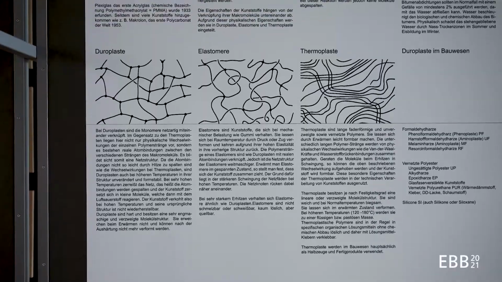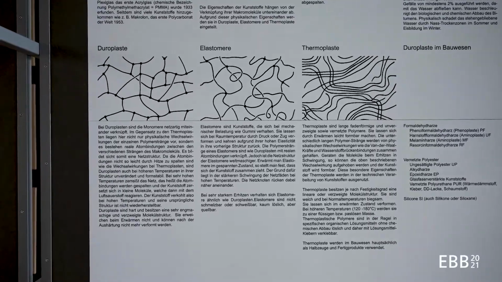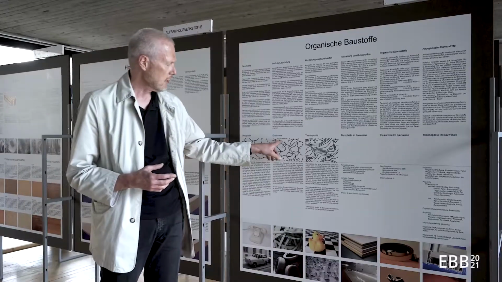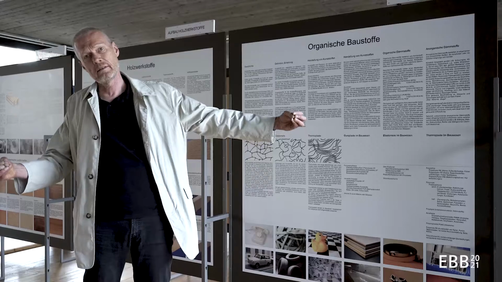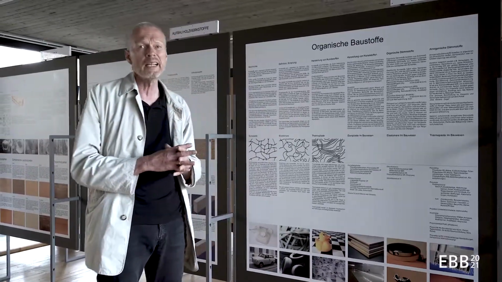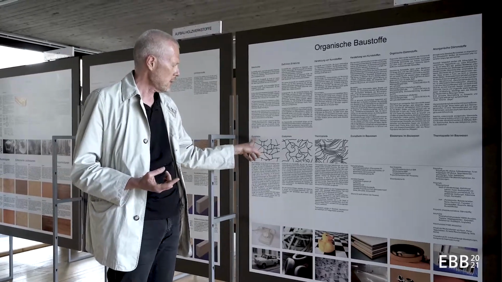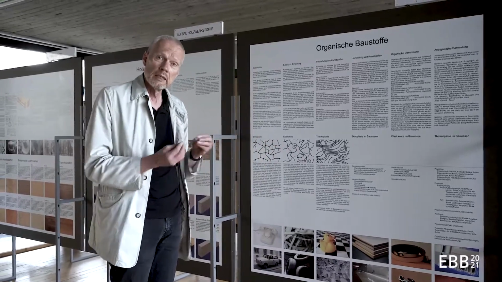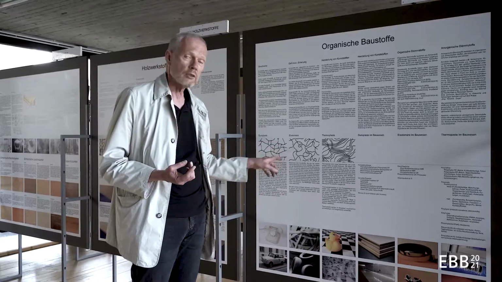As you can see in these three drawings here, the elastic materials have very long molecular structure, and these are connected at few points so that you can elongate the material and then let it go back to its initial form again. Here for the hard plastic we have very short length of molecules, and they are very often connected.